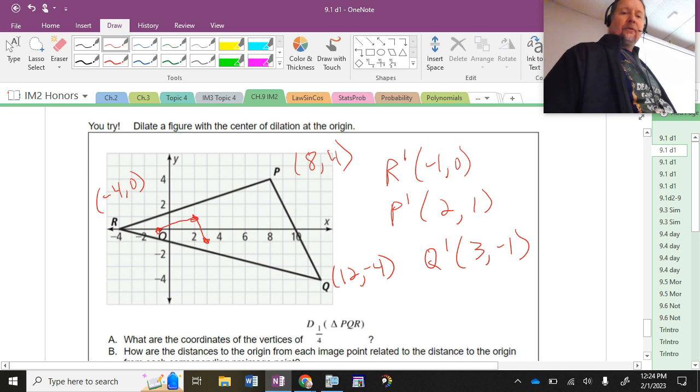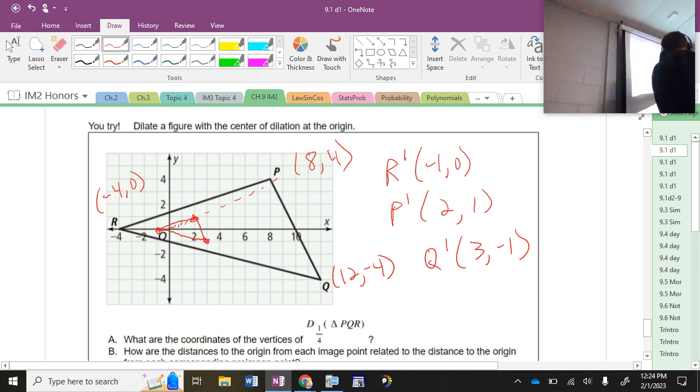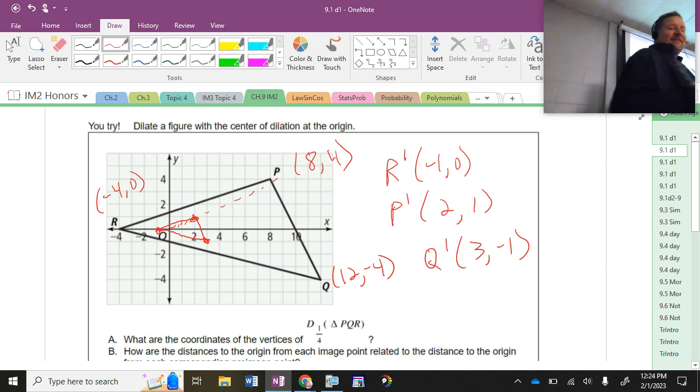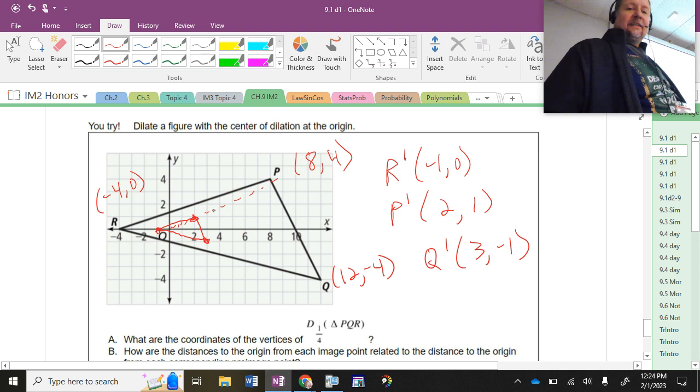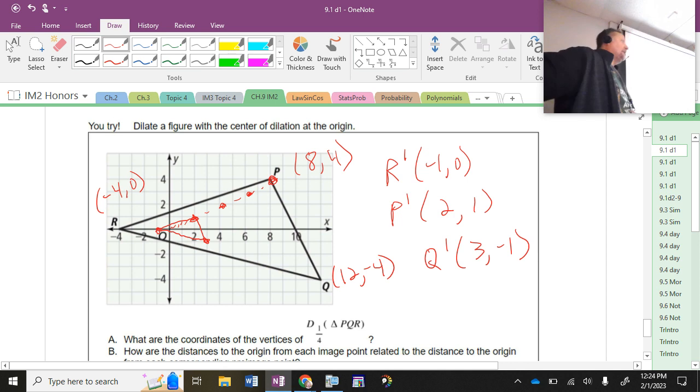I'm not going to mark these, but what I will do is check from the origin to P prime with my fingers. 1, 2, 3. Three times. So this dot to another dot to another dot, 3 dots. The third dot is where the original P comes from.